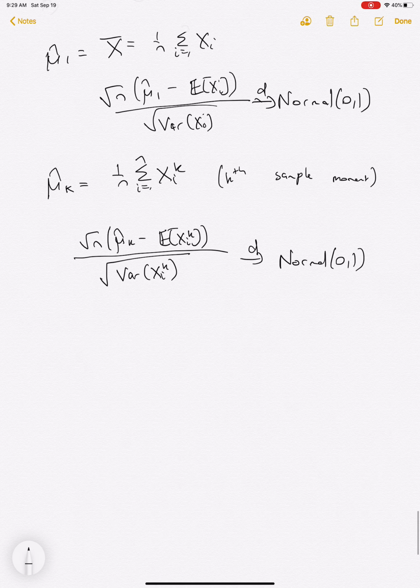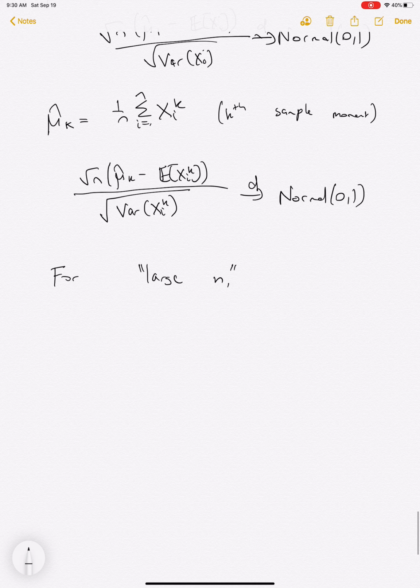Okay, so we know that if our n is large enough, we have this approximate distribution: mu hat k is approximately normal, I'll use this notation, with mean E of xi to the k.